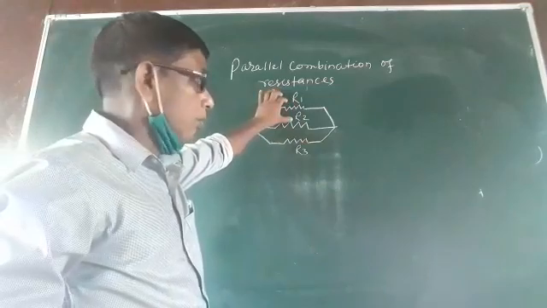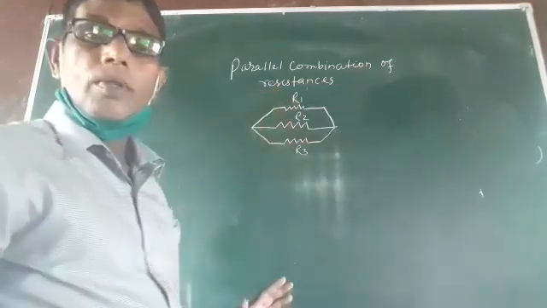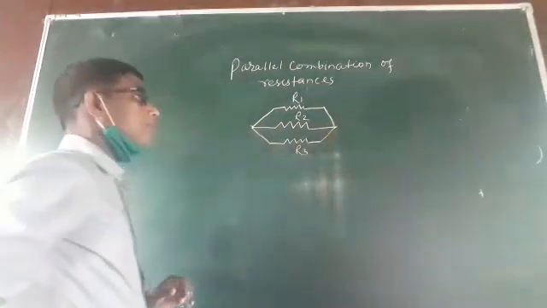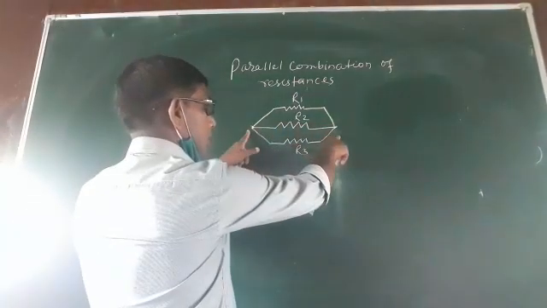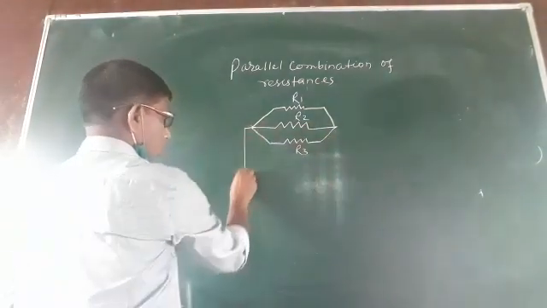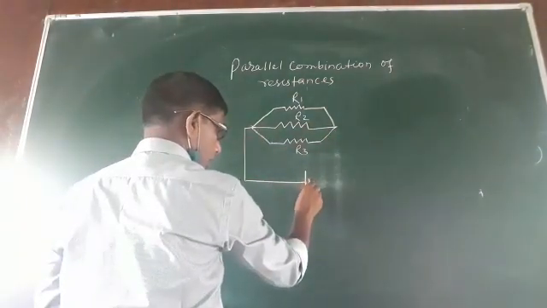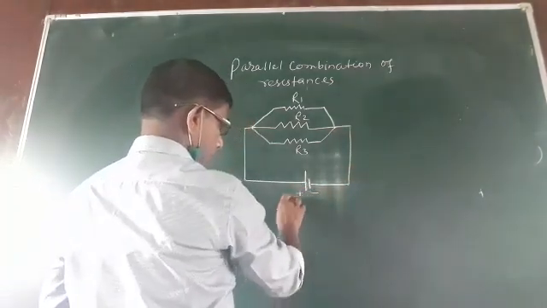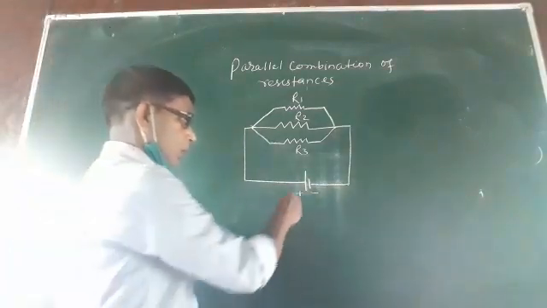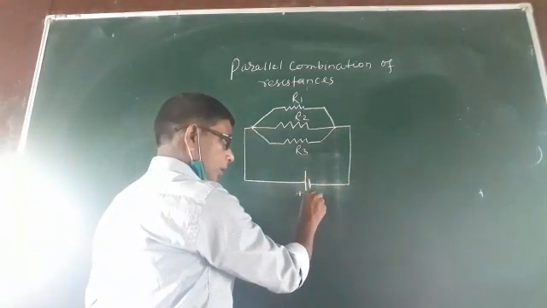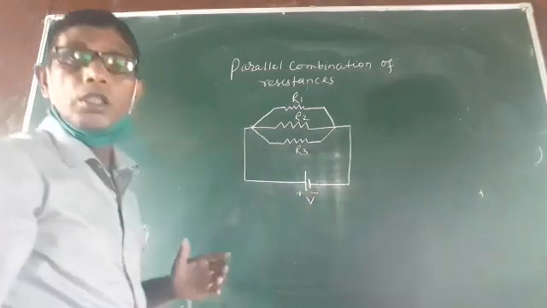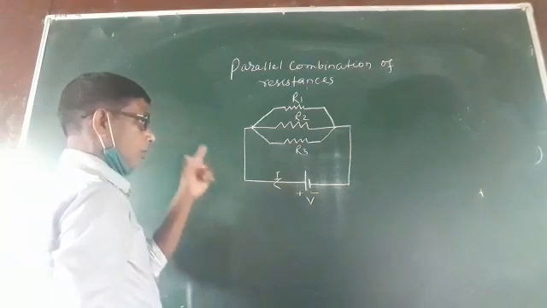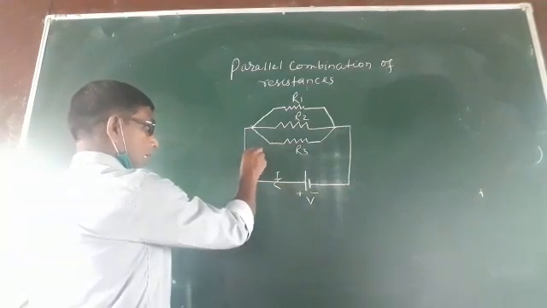R1 parallel to R2, R2 parallel to R3. This is the end point of this combination. Both ends of this parallel combination are connected to a cell or battery having potential difference V, due to which capital I current flows in the circuit. This is capital I.